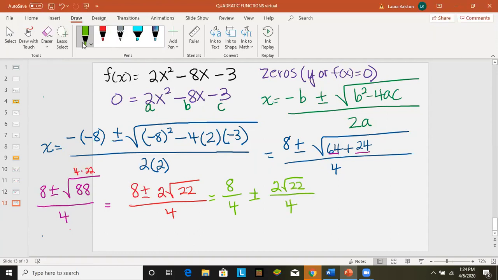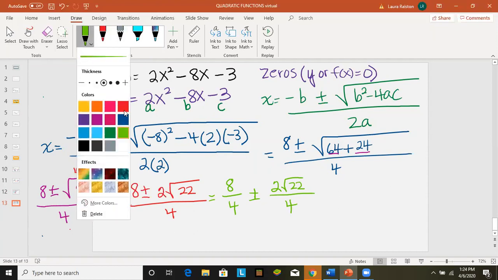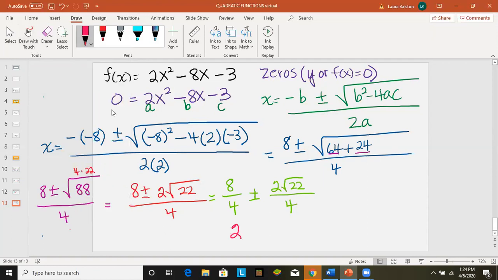And I think when you write it that way, it becomes a little bit more obvious that you have things in common. 8 divided by 4 is 2, plus or minus 2 goes into 2 one time, 2 goes into 4 2 times, so I end up with square root 22/2. That answer is acceptable. I would probably leave it that way. There are other ways to simplify it, but that's probably the easiest.